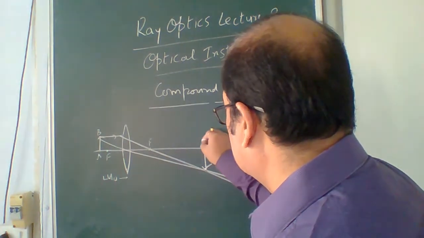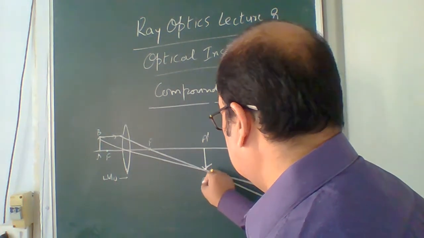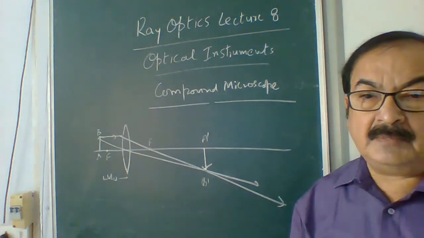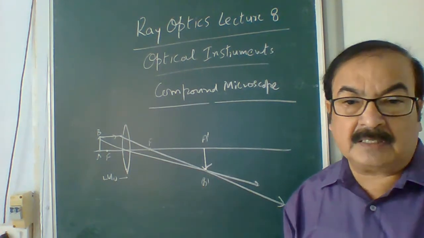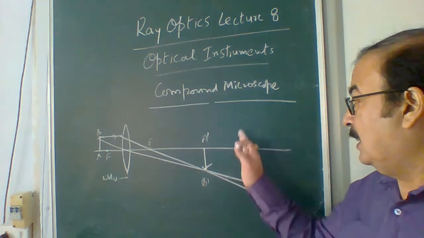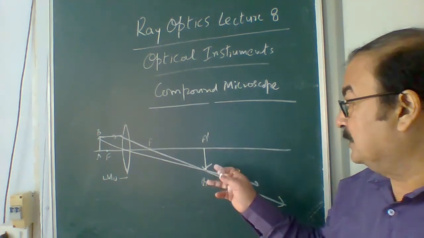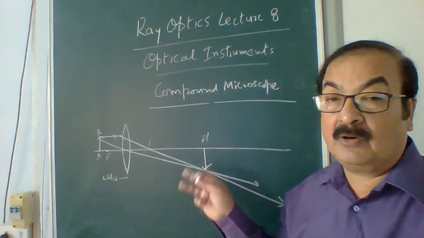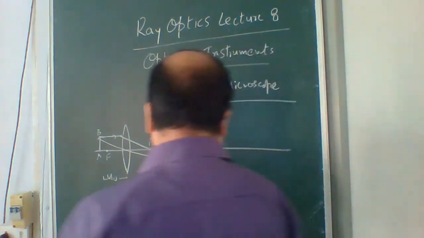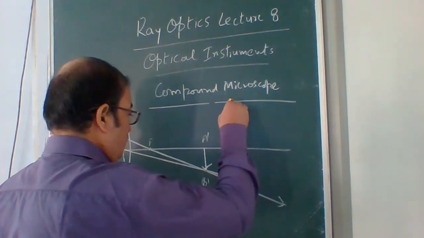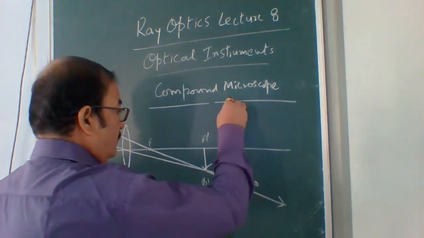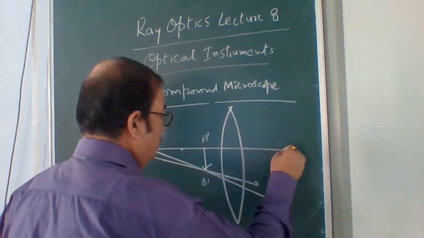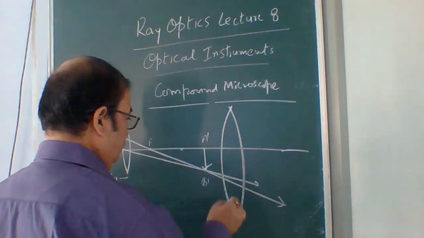If this image has to be further magnified, we need another lens, for which this image can behave like an object. We are adding a much larger lens, with large focal length and large aperture.